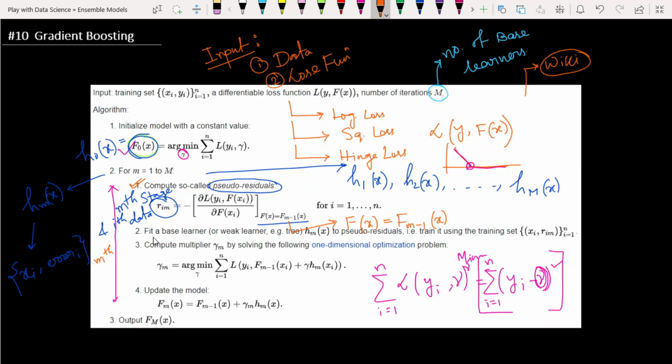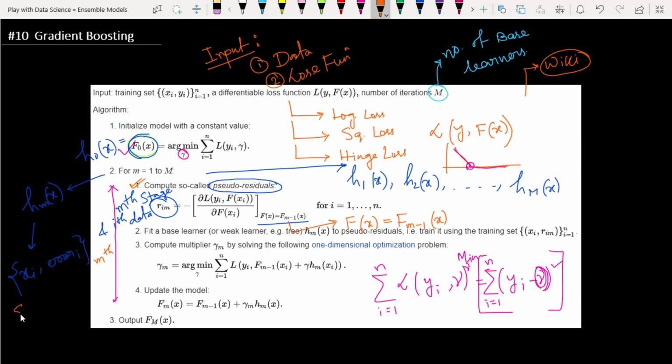So now we have to fit the base learner. For example, if you take the gradient boosted decision tree, our base learner is a decision tree. So we have to fit h_m to the pseudo residuals. To train these models we use the data set xi and r_im, where r_im means the pseudo residuals.